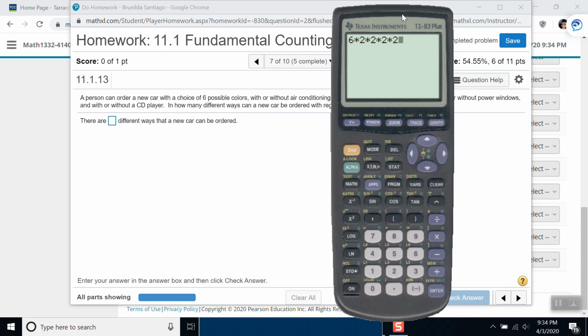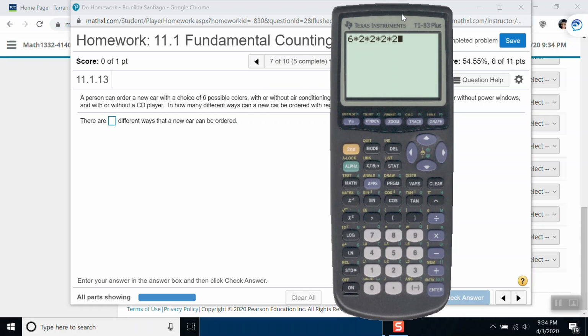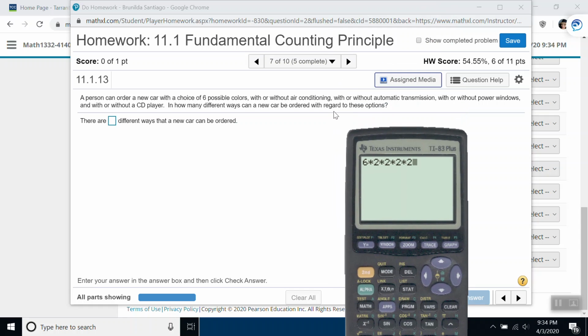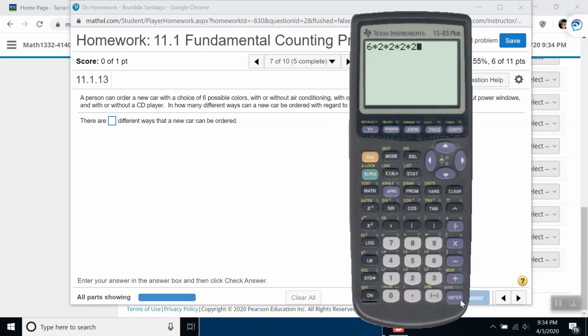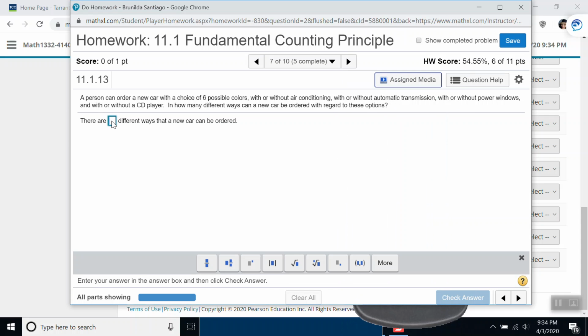Let me make sure there are 5 things to choose from. So we have colors as 1, air conditioning 2, automatic transmission 3, power windows 4, and CD player 5. Okay, so we multiply the choices for each one of the categories, and that's 96. There are 96 different ways that a new car can be ordered.